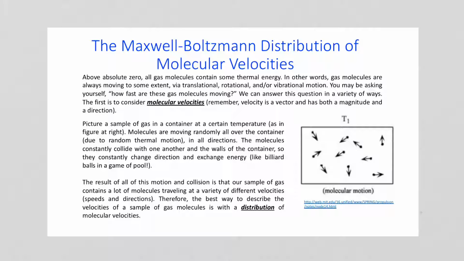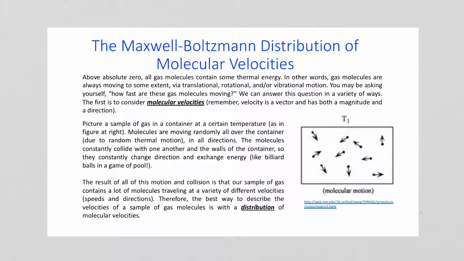So what we have is essentially a giant game of billiards that's being played in our gas container, where the gas molecules are like our billiard balls, and they can bounce off of each other and bounce off of the walls and change their energy and change their direction.